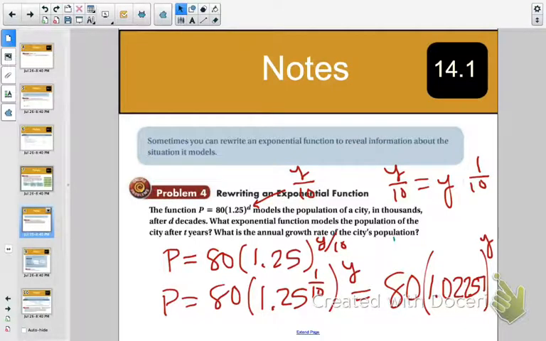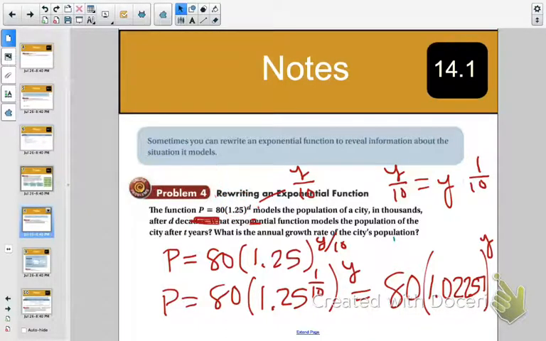So basically, this would be our new exponential equation. But if you look at your original function here, this is saying that your initial value is 80, so you start with 80,000 for your population, and this in here is your growth rate, your growth factor. So that's saying that it's growing at a rate of 25% per decade.